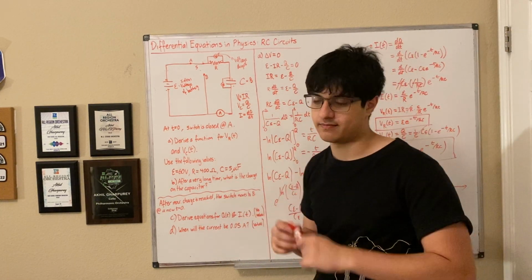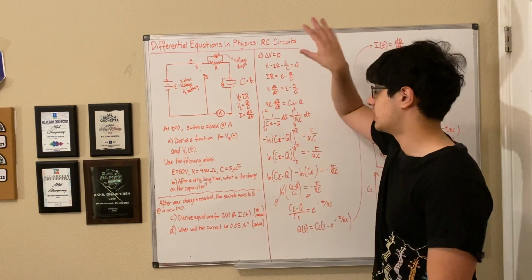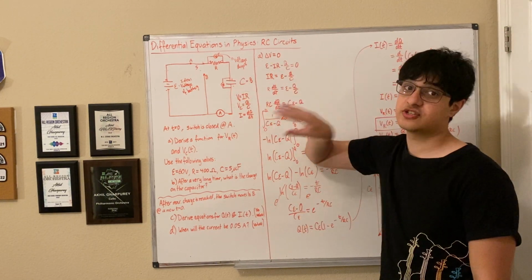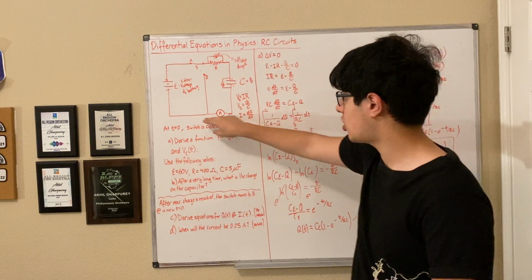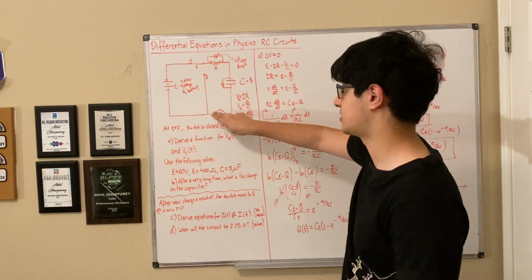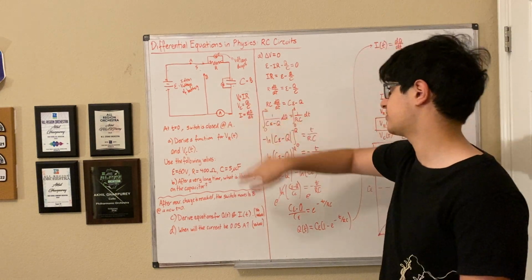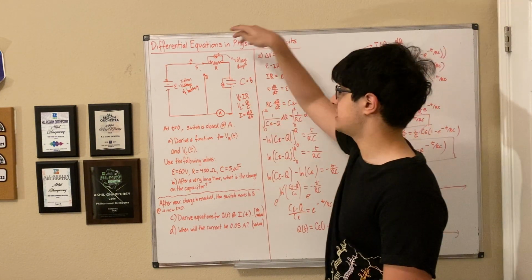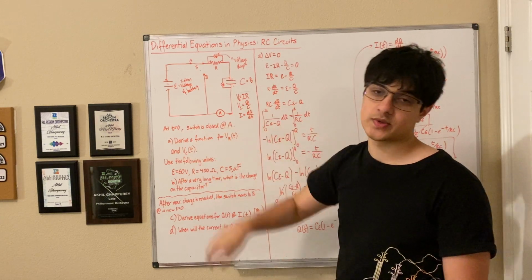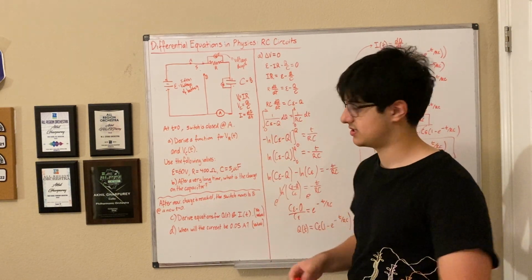I'll say that one more time, just so you're sure. So, as the capacitor gains charges, less charge is actually going to be flowing through this circuit. So as a result, since I is the change in charge over change in time, that means that the current flowing through the resistor decreases.